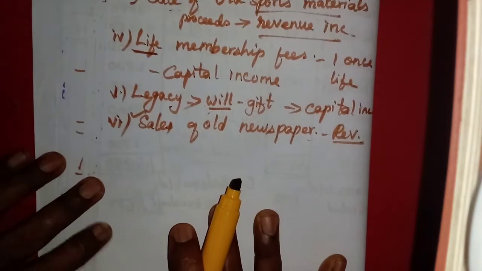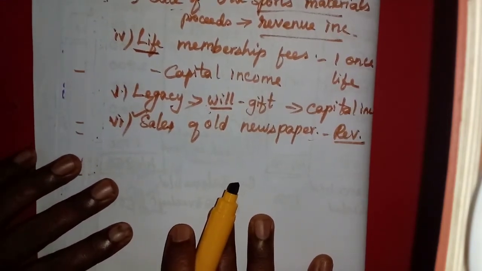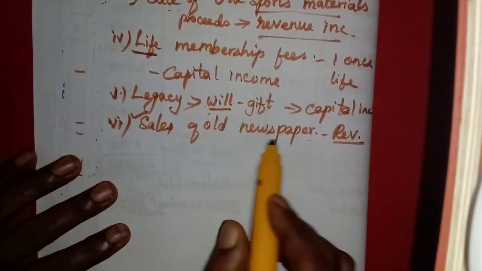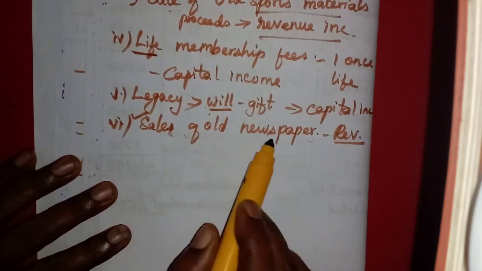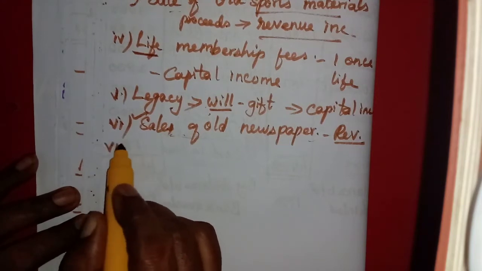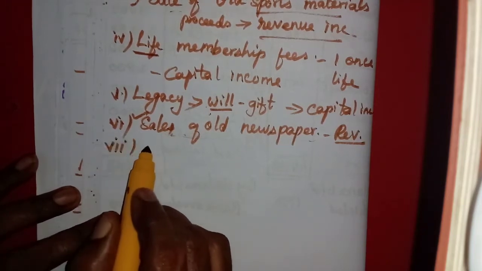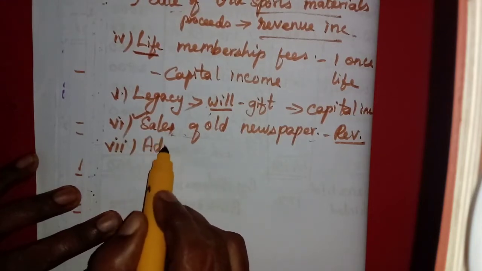But often we sell this one. Revenue nature means it occurs often, or at least every year once it must occur. So every month or every year we will sell the old newspaper, and that collection will be revenue income.